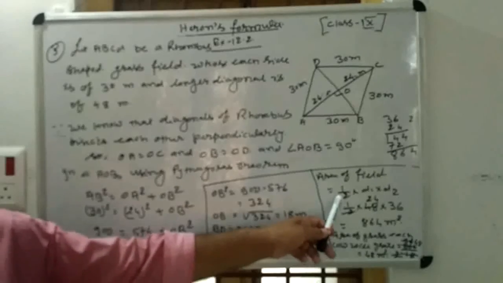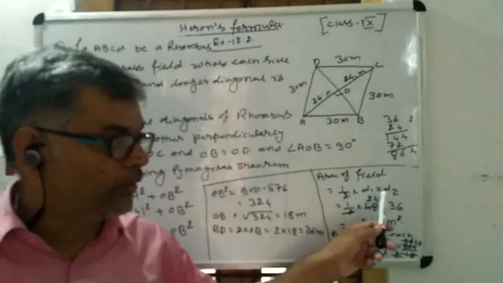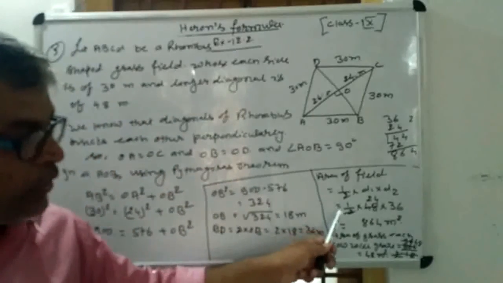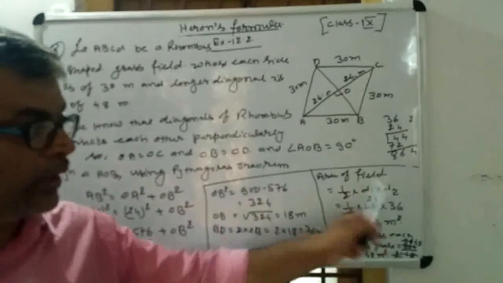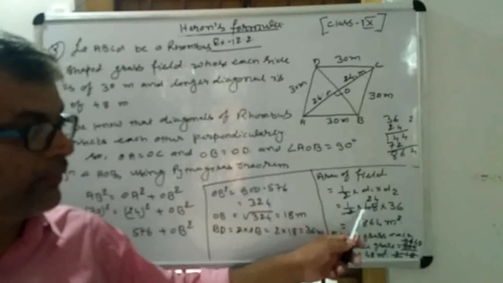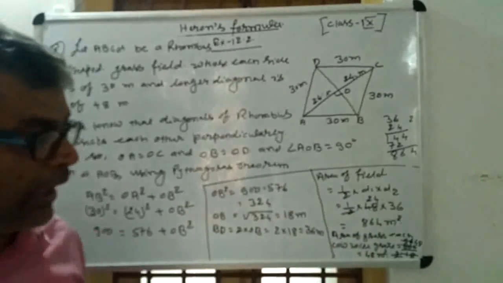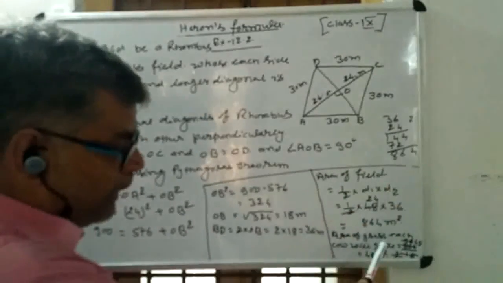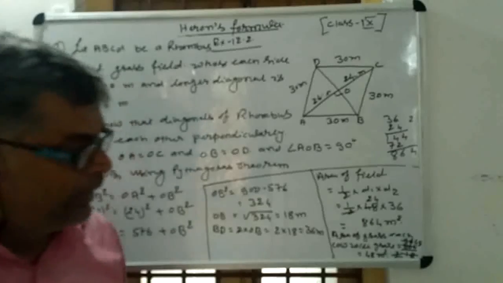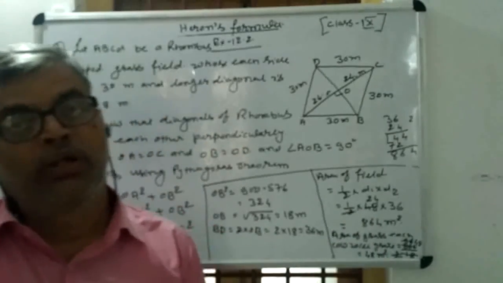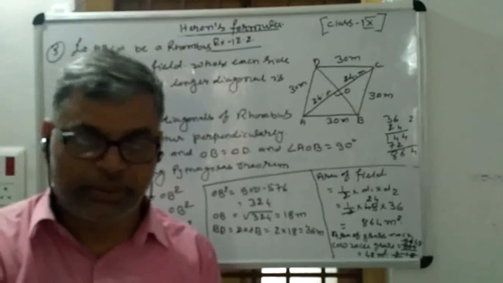Now we apply the formula of the rhombus to obtain the area of the grass field. Area of rhombus is half into the product of diagonals, D1 into D2. So half into 48 into 36; 48 will go 24 times. Now 24 into 36 gives 864 meter square, the total area of the rhombus shaped grass field.